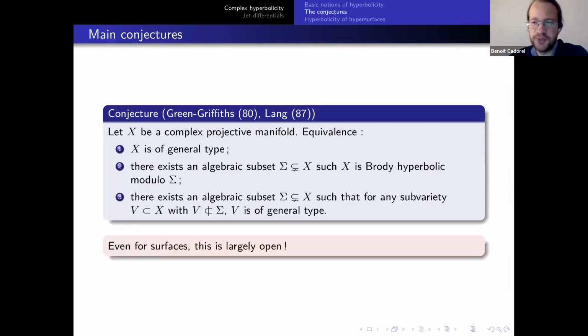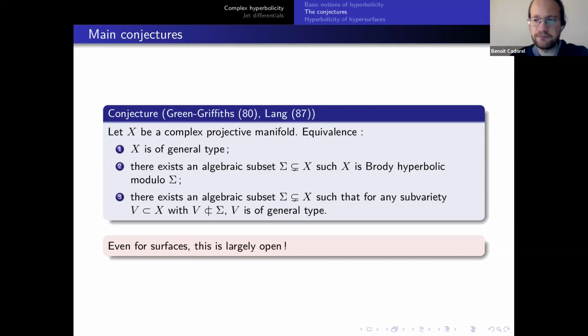Even for surfaces, in complex dimension 2, this is very much open. We have many different results if you make stronger assumptions on the surfaces you are considering, for example, assumptions on their characteristic numbers. But in the general case, this conjecture is not known for surfaces.